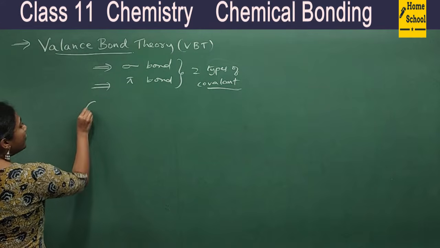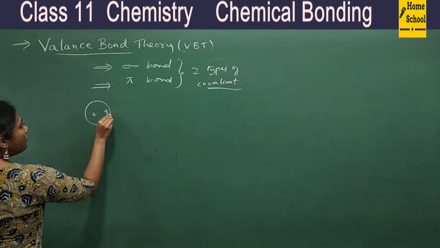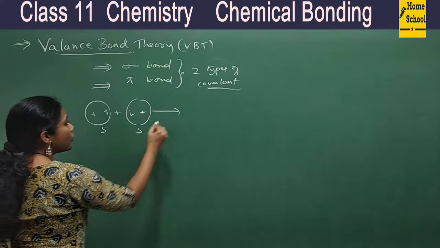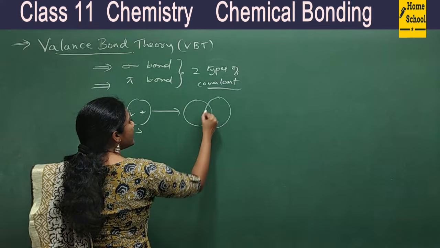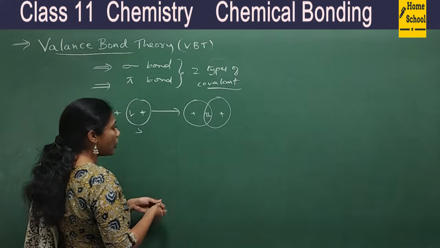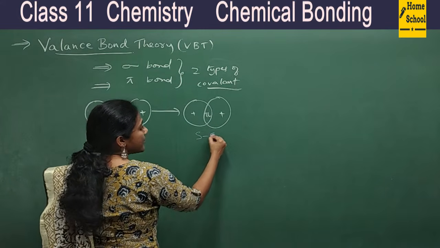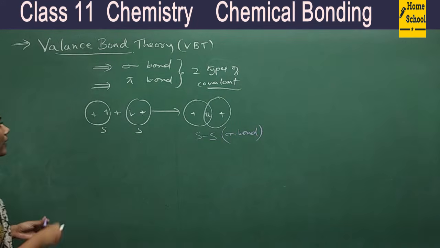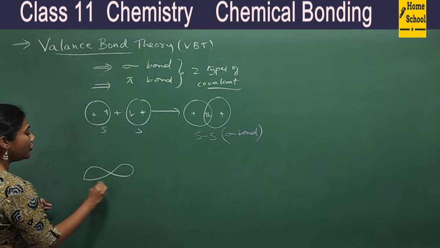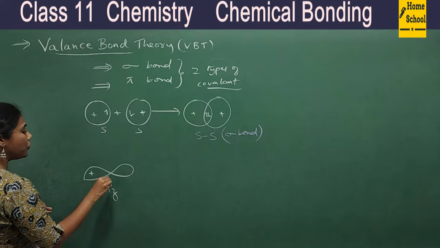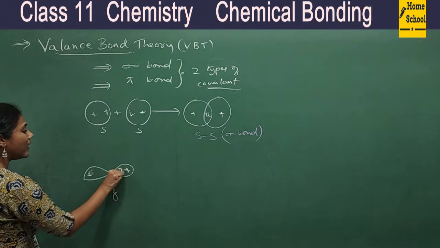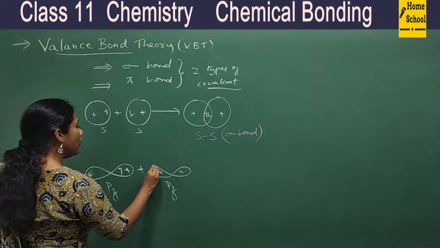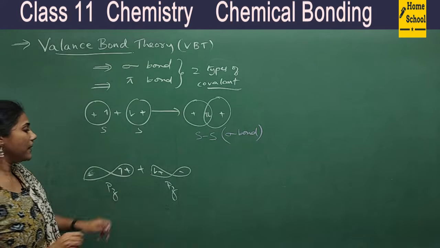Let us observe in which situation sigma bond formation takes place and pi bond formation takes place. See, when you have an s orbital with the same phase with opposite spin electrons, we call it SS overlap, isn't it? So this SS overlap leads to the formation of a sigma bond. And even in this overlapping, you have a pz orbital with a positive lobe, negative lobe, one electron, and another pz orbital, positive lobe, negative lobe, and a single electron with opposite spin.